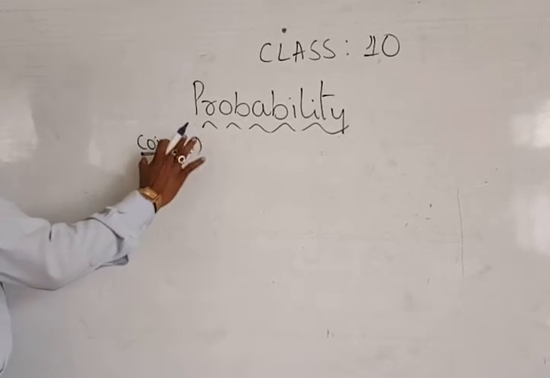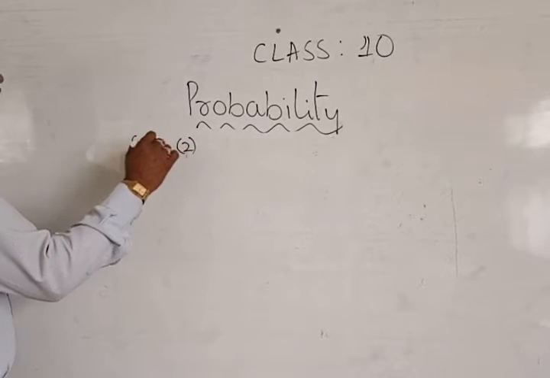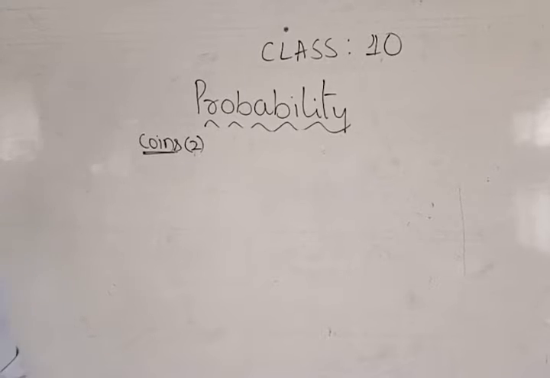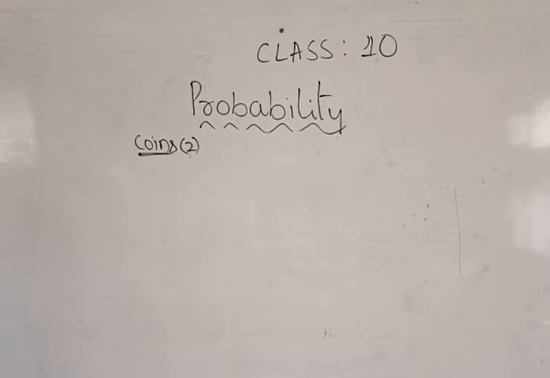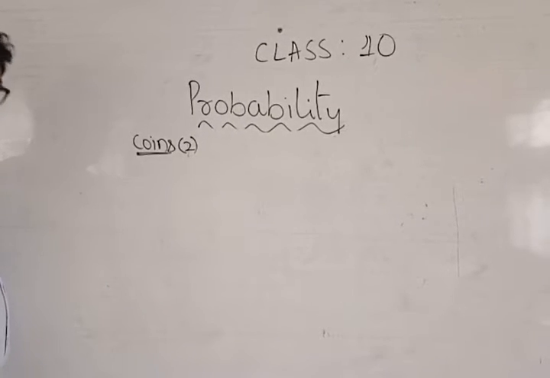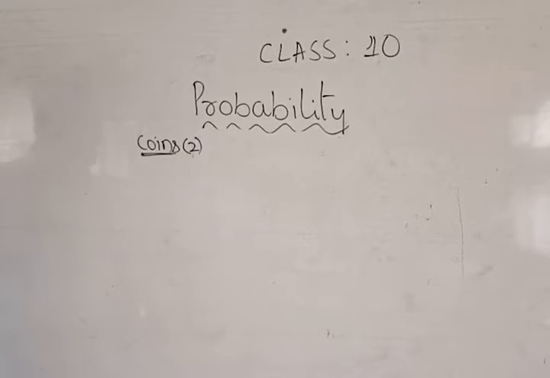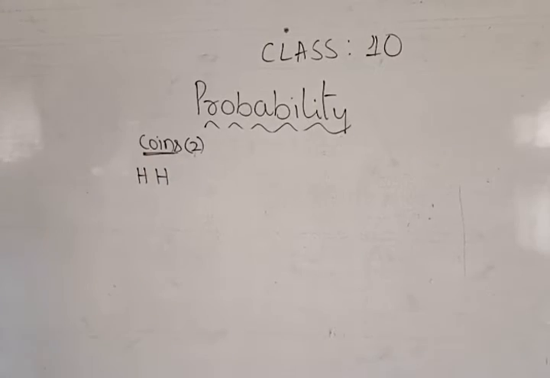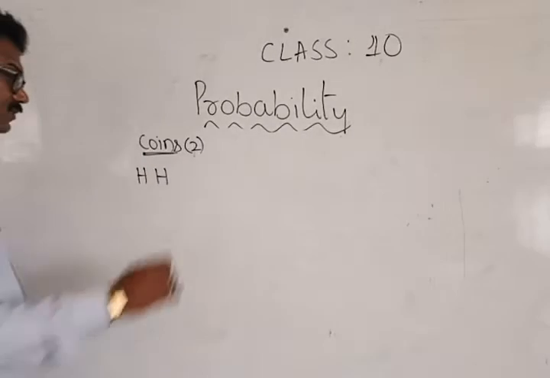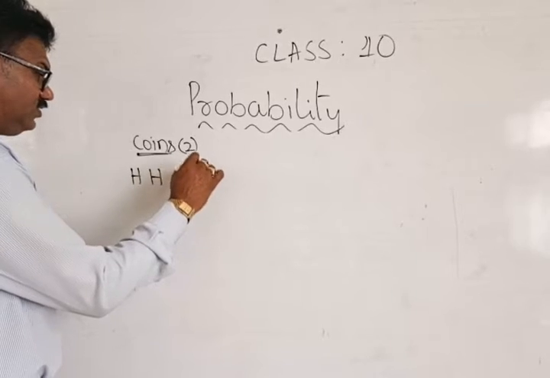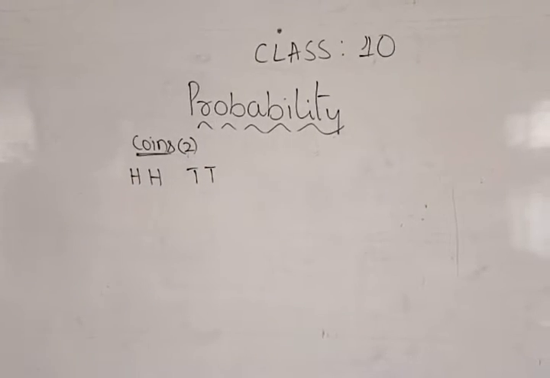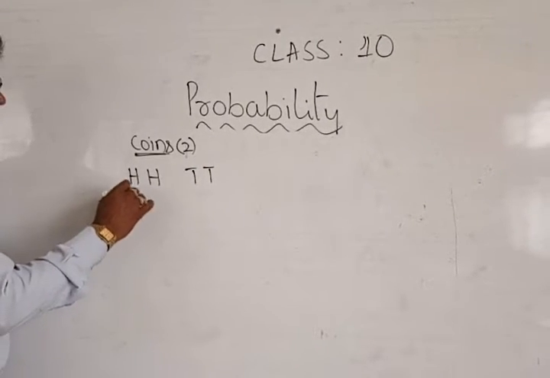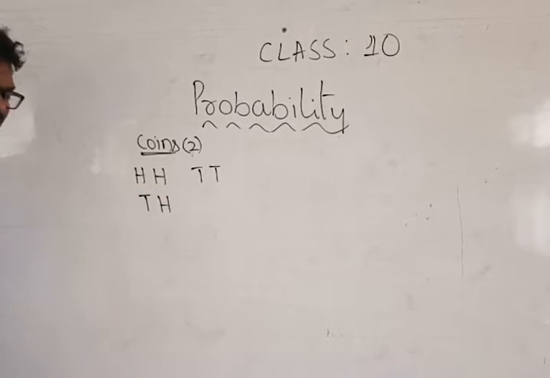But now we go for two coins at a time. At a time means how many outcomes will come? We'll see. First one, both heads. Second one, both tails. Third one is tail and second one is head.